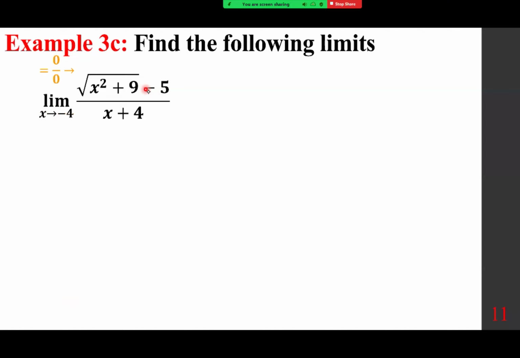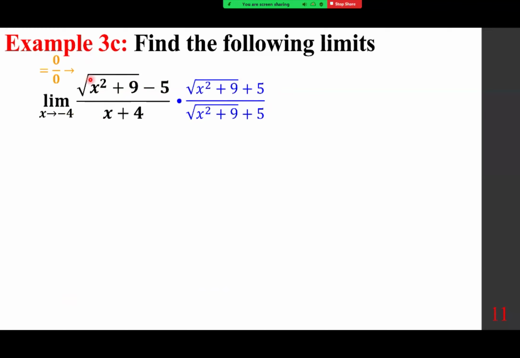Now, what would be the technique? We just looked at an example. When we have a square root, the technique is to multiply and divide by its conjugate. So this one, minus 5, you make it plus 5. And then you write the same thing in the denominator because this expression must be 1. You can't multiply by just anything.